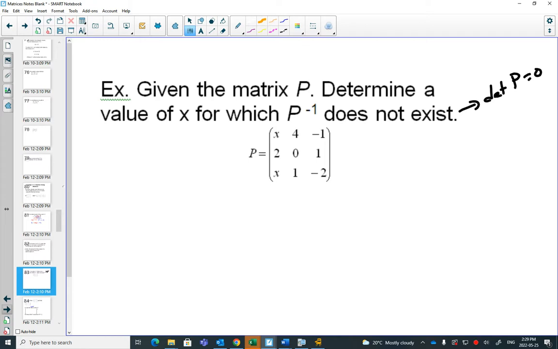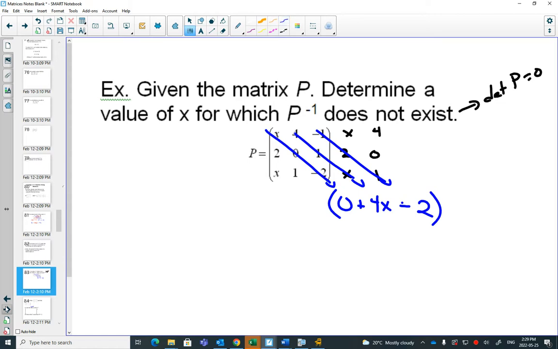If you wanted to calculate the determinant, you could, again, rewrite those first 2 columns. 0 plus 4x minus 2.